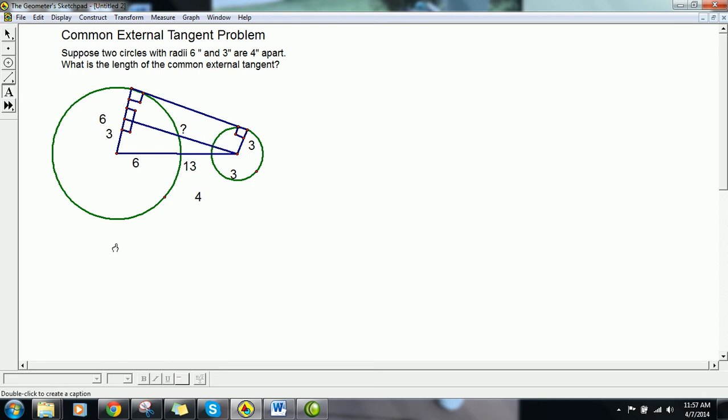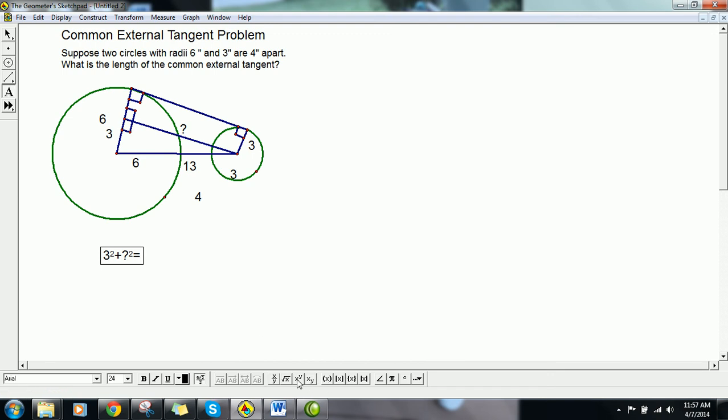The Pythagorean theorem would say 3 squared plus this other piece which I'm trying to solve for, we'll call it x, or question mark, squared, equals, by the Pythagorean theorem, the hypotenuse squared. Now the hypotenuse is 13, so 13 squared.